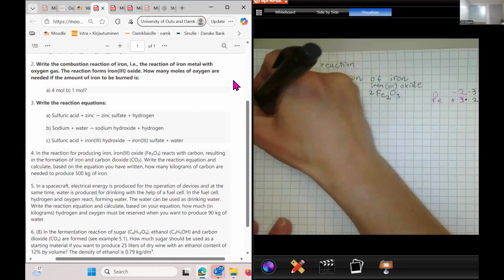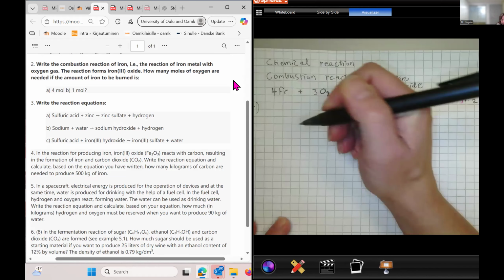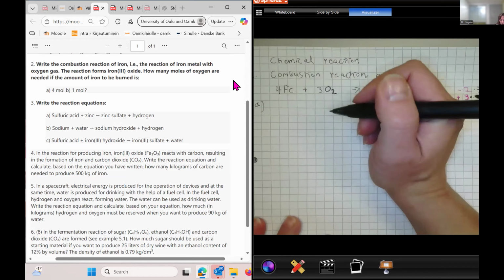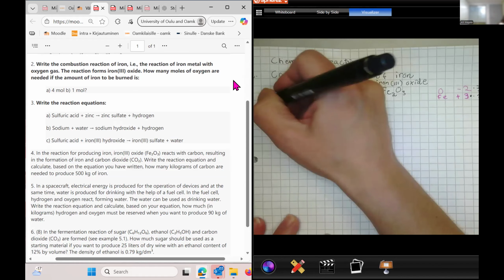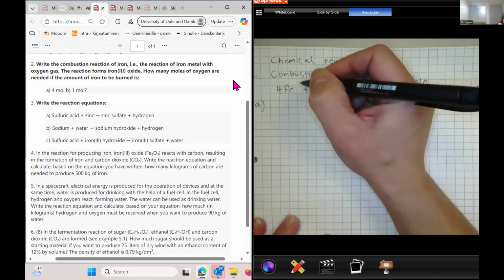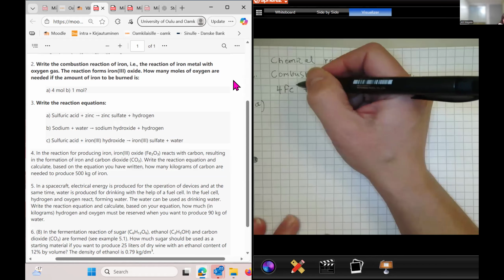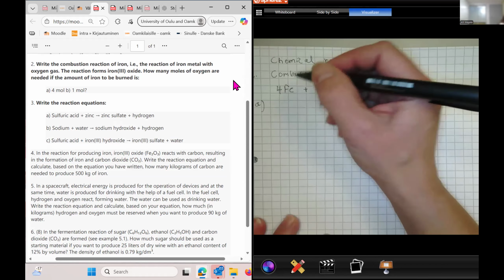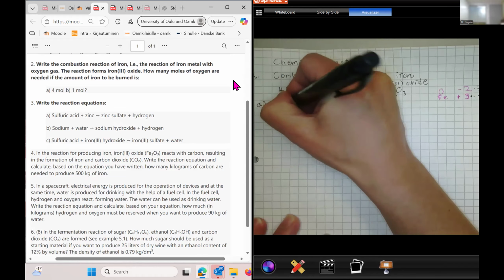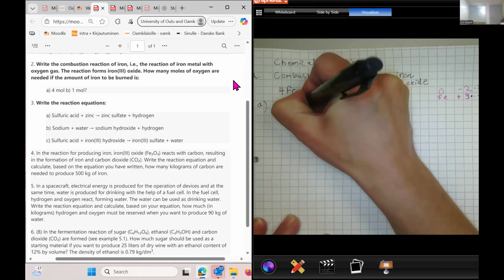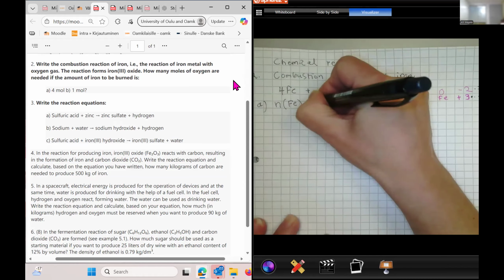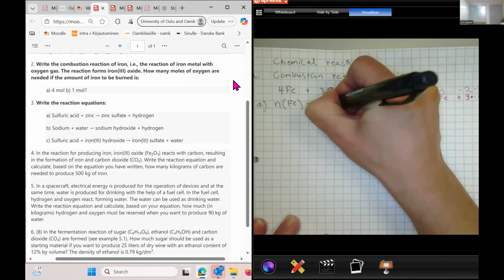In part A, how many moles of oxygen are needed if the amount of iron to be burned is 4 moles. So I would mark it like this: the amount of iron is 4 moles.